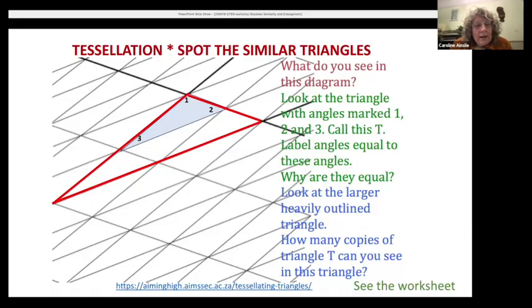You've now got all of the angles labeled, so you will find that on every junction, every intersection, you will actually have multiples of 1, 2, and 3 on one side and 1, 2, and 3 on the other. And that's a really lovely way to see that the angles of a triangle add up to 180, and also that a straight line is made up of 180 degrees.